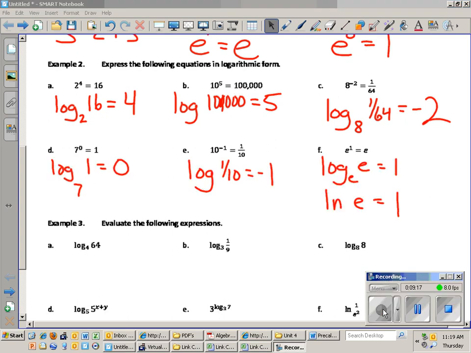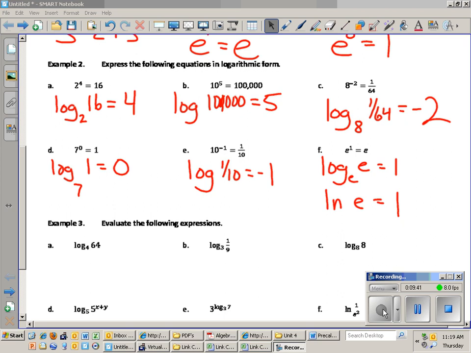Okay, please take a look up here. Make sure we have the same things. Log base 7 of 1 is 0. That's what you should have there. Log of 1/10 is equal to negative 1. If you wanted to write a base of 10, that would be fine. And then log base E of E is equal to 1. I don't write log base E. You have to transfer it to natural log.